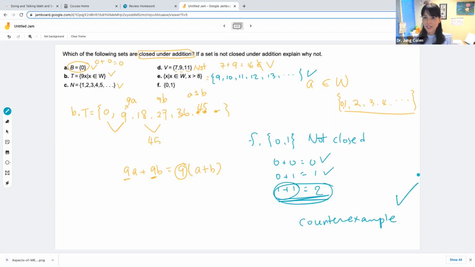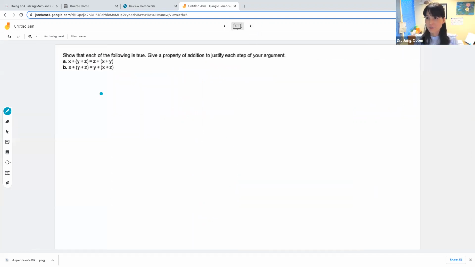Okay, are we good? I have, I think, 2 or 3 more. Let's think about this one. Show that each of the following is true. Give a property of addition to justify each step of your argument. I don't know what steps you are giving there, but I will just give you one example. You can prove it differently too, but you can have some sense of using the property there.